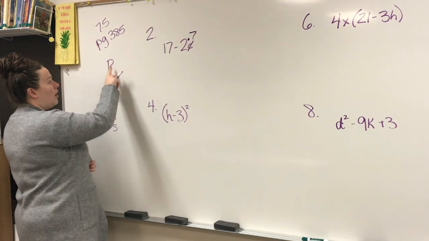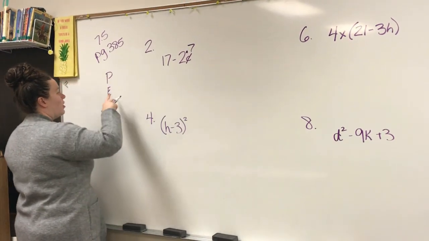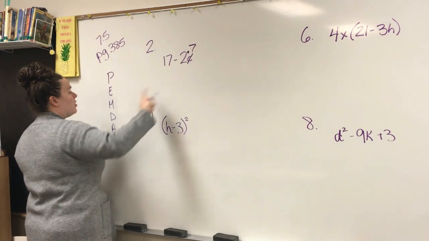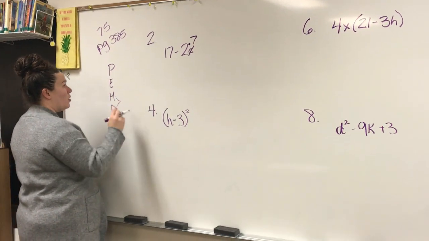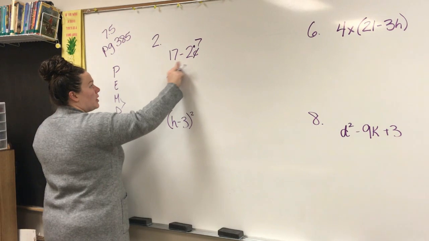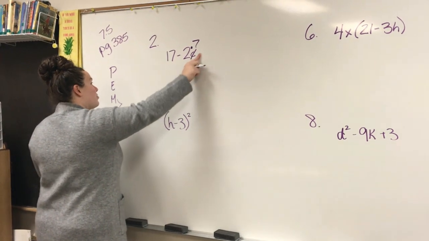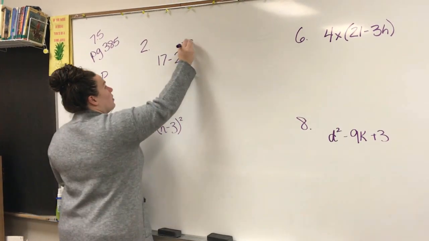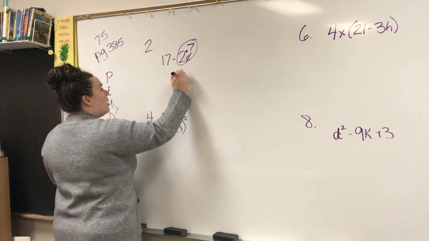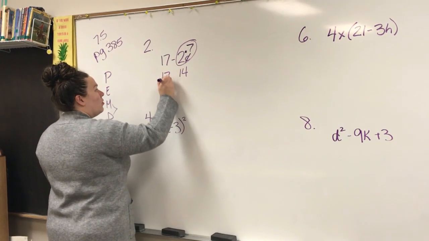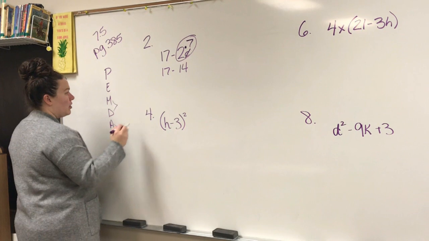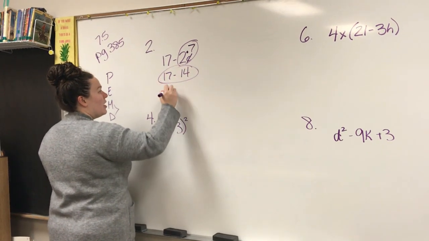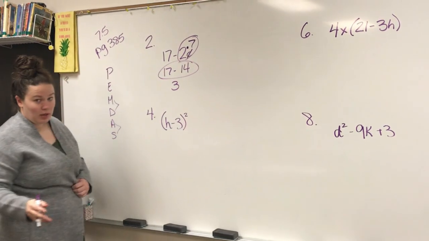Are there any parentheses in this? No, there are not. Are there any exponents in this? No, there is not. Multiplication or division. This is not multiplication or division. This is multiplication or division. If I multiply these two together, I get 14. Rewrite my problem. Adding or subtracting, I have this, and my answer will be 3.